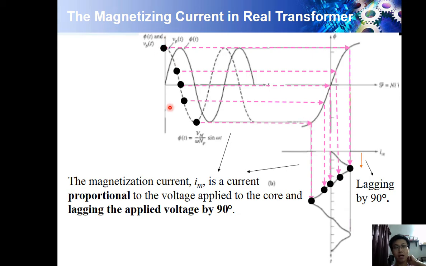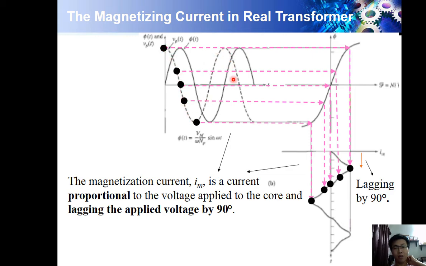Actually, we have two graphs here. This one is the voltage applied versus time, and this is the flux linkage obtained in the primary winding, I'm not sure whether this one is secondary, but I want to explain this one.